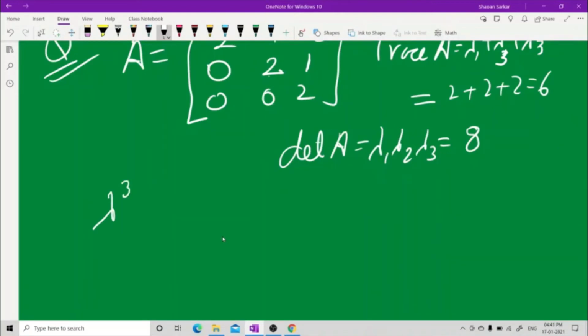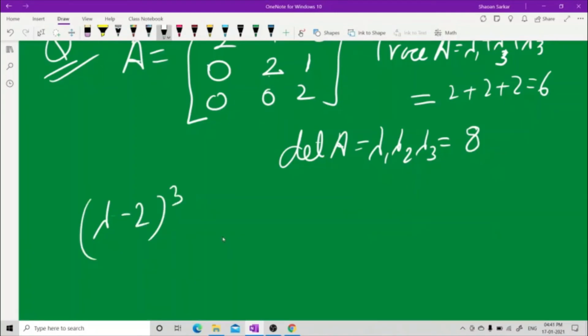I'm just going to find out directly without writing the characteristic equation. Let me still tell you the expression so that you can do it as your homework: the characteristic equation is lambda minus 2 whole cube.